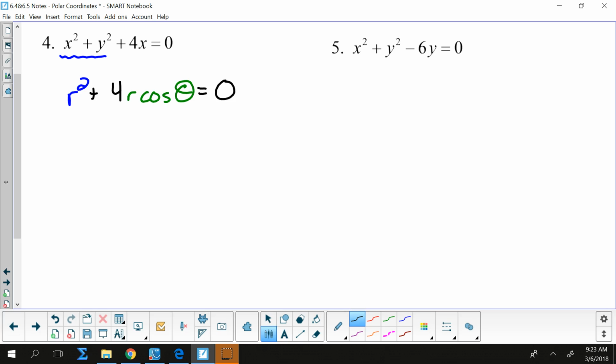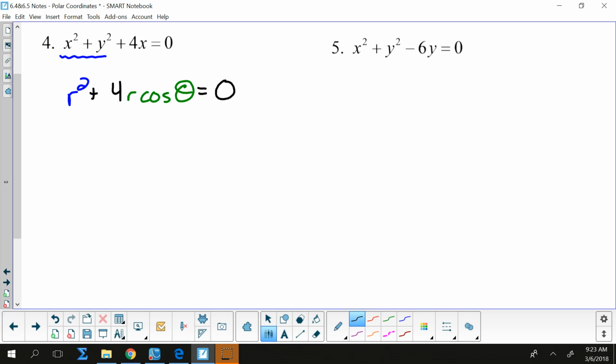How do I want my polar equation to look in the end? I want it r equals, right? So I've got to do what with that? No, because there's an r in there. If there wasn't an r in there, yes.